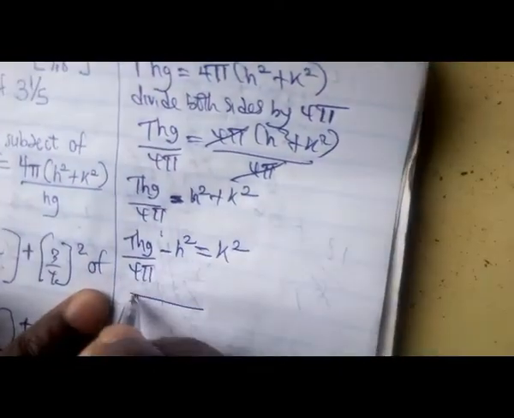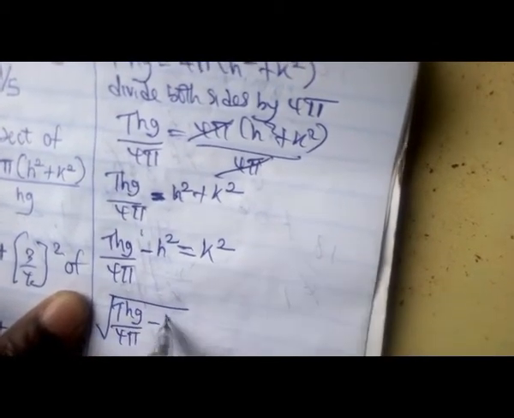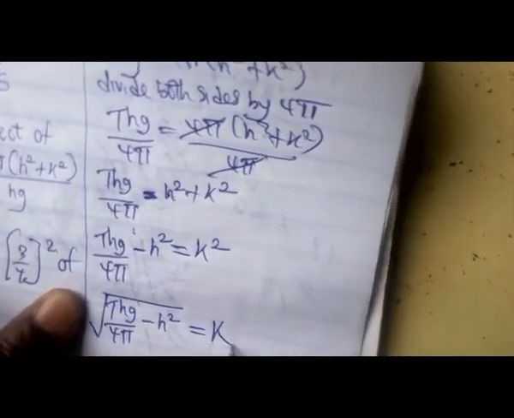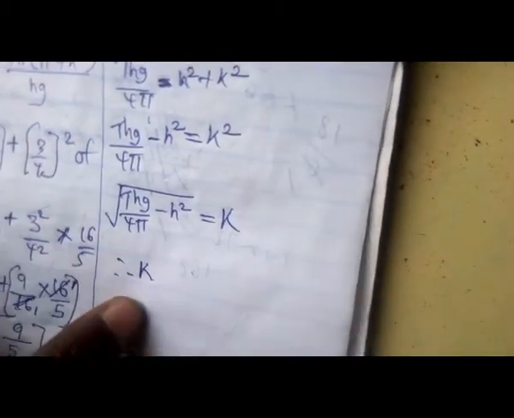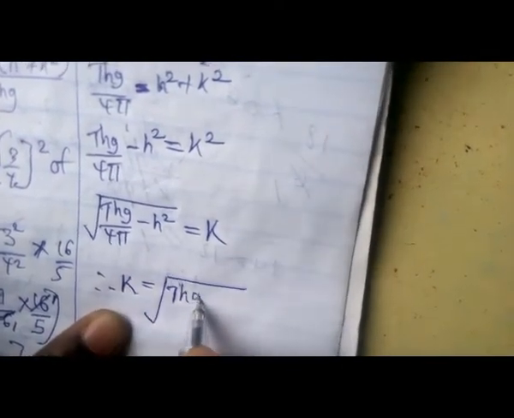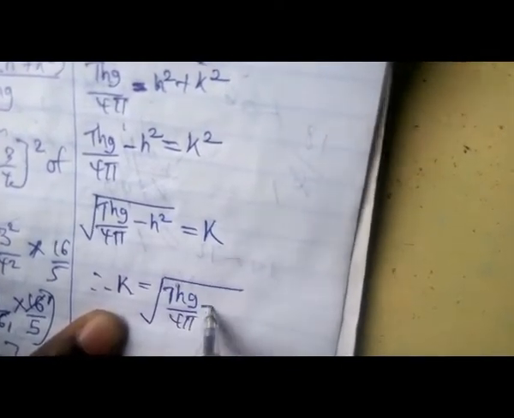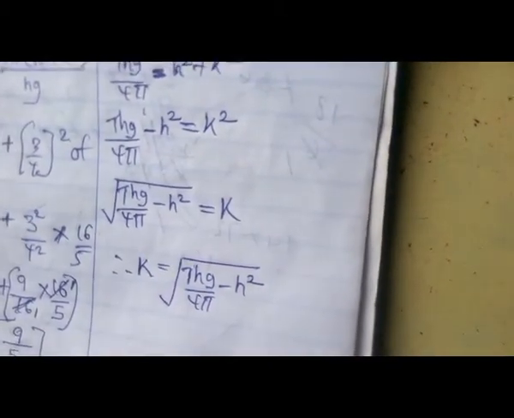So it will become the square root of THG over 4 pi minus a square equals k. So therefore our k, we can write it now like this, equals the square root of THG over 4 pi minus a square. You can leave your answer like this, or you can proceed further.